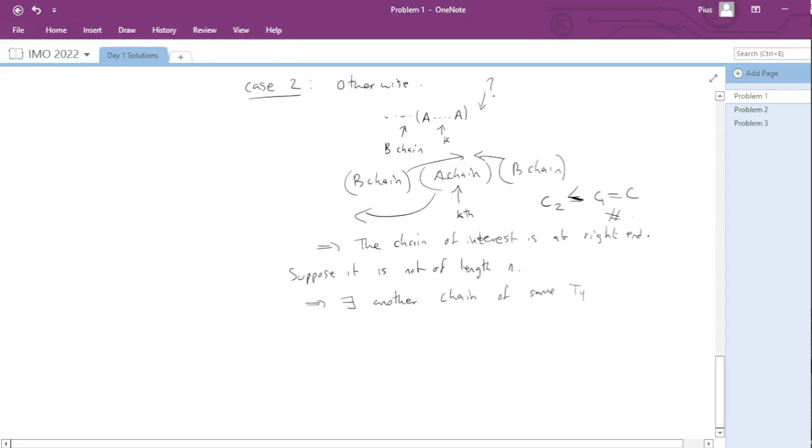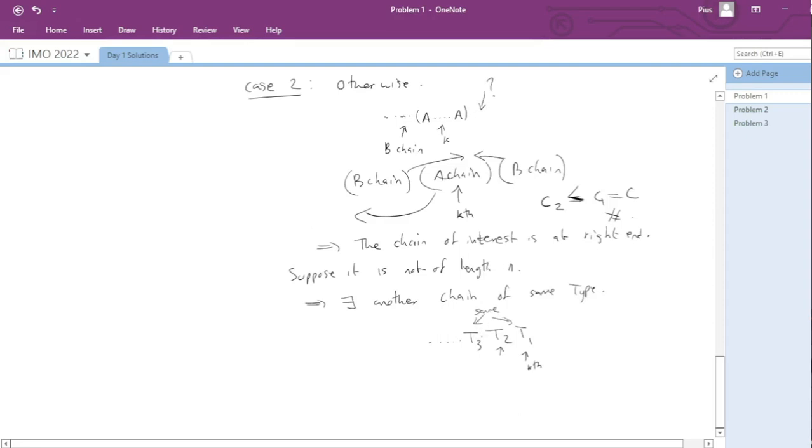Okay, so now I'm going to label these chains, starting from the right, as T1, T2, T3, and so on. So this is the chain that contains the Kth one, at the extreme right. This will be of a different type, so these two will be of the same type. So we have at least this much.